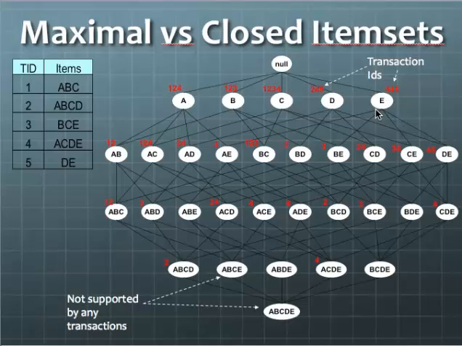Here in this example, assume that the support threshold is 40%, and BC is a closed frequent item set because its support is 3 divided by 5 equals 60%. And the rest of the closed frequent item sets are C, D, E, AC, CE, DE, ABC, and ACD.